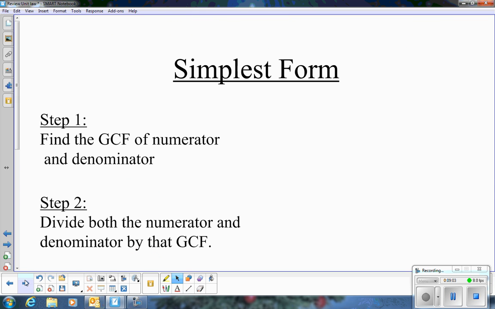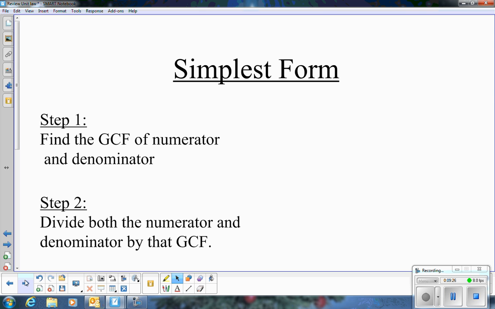All right? Next page. Simplest form. Quick review. A lot of us don't do this process. A lot of us take a shortcut and just kind of in our head say, oh, I can divide them both by this, and then I can divide them both by that, which is okay.